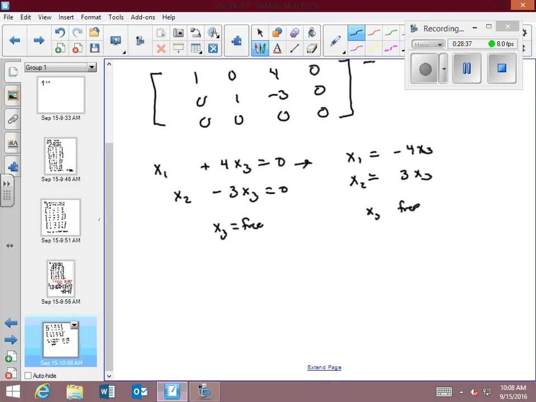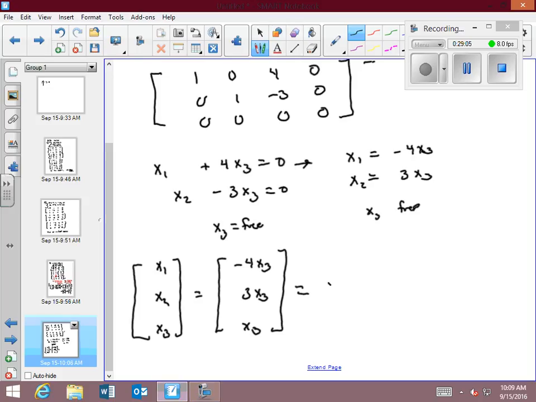Then you go to your solution vector. And then you replace the x1 with a minus 4x3. And the x2, you replace it with 3x3. And then x3 is 3. So then you factor the x3 out.